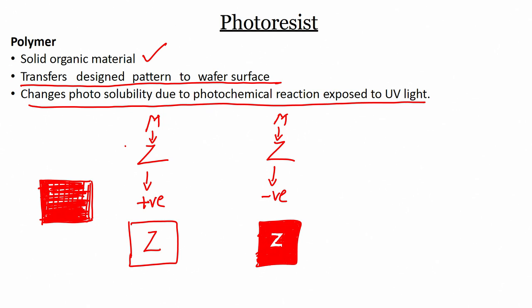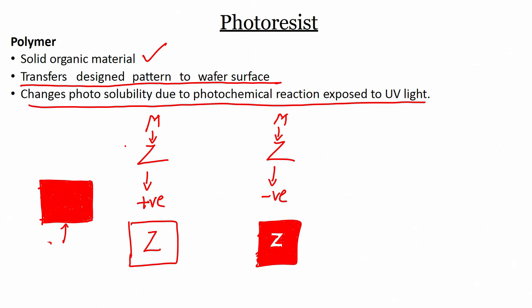Then if I use positive photoresist and if I used bright field mask, then what will I obtain? I will obtain the pattern which is on the mask. So, what I have done here? I have coated my wafer with a positive photoresist.